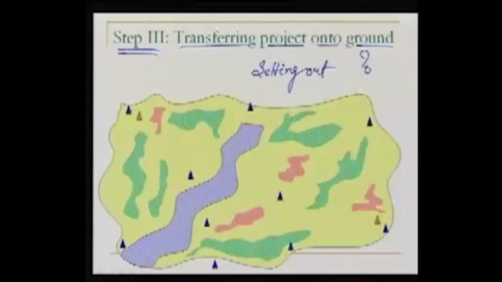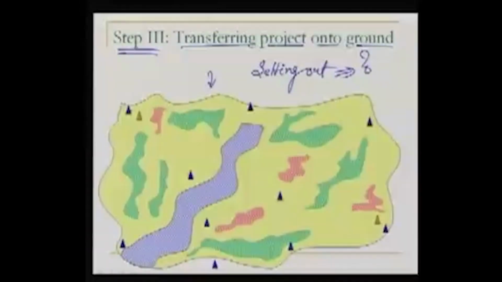Well, how do we do setting out? Now in this case, let's say we visit the ground. We have a map sheet with us, and on that map sheet we have the road as well as the bridge location plotted. If we visit the ground, still there on the ground there is nothing.